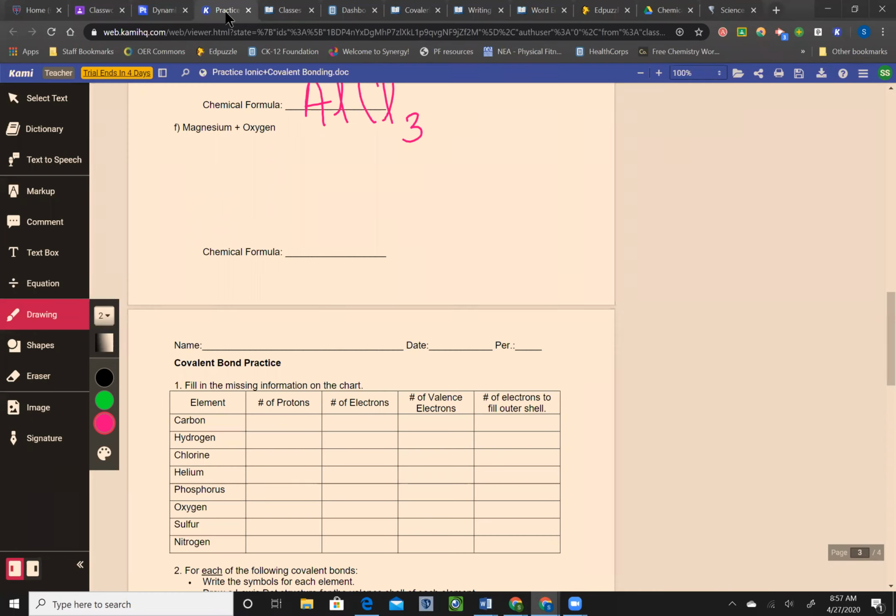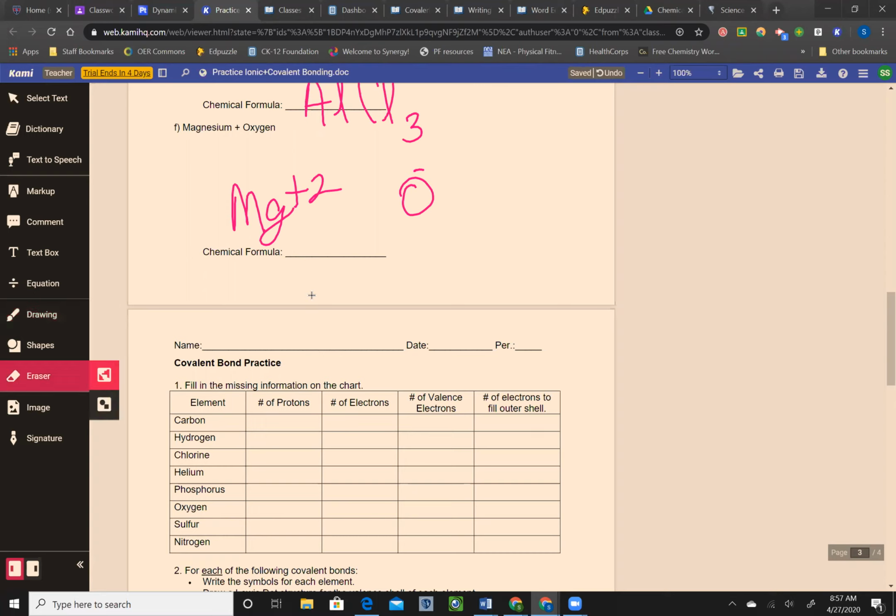This is one of those easy ones again, because once magnesium loses those 2, it becomes positive 2, and once oxygen gains 2, because it needs them, it's going to be a negative 2. Well, that's a 1-to-1 ratio, right? That's an equal and opposite attraction. So it's only going to require 1 magnesium per oxygen, 1 oxygen per magnesium.